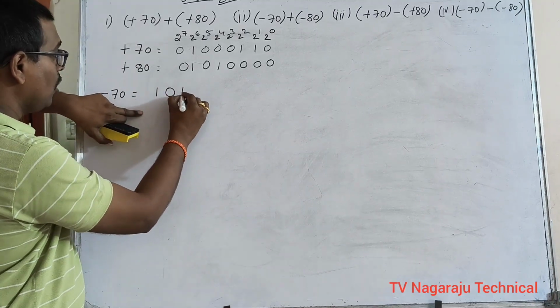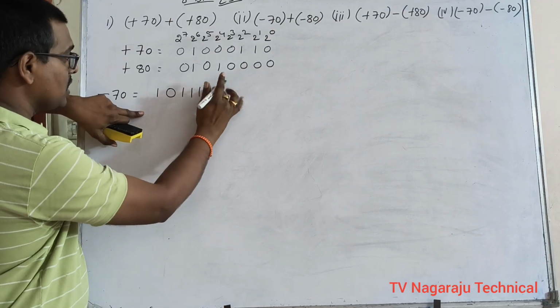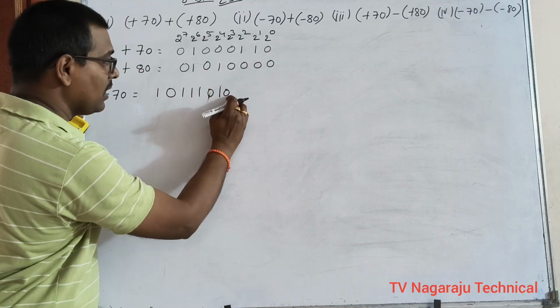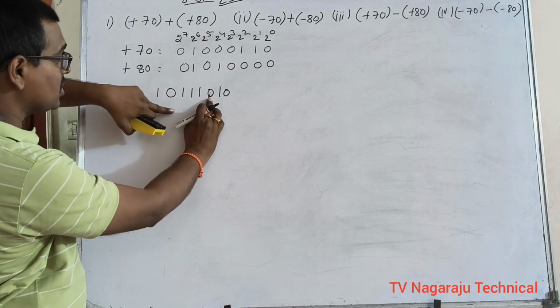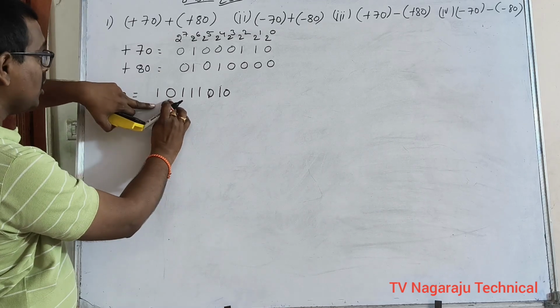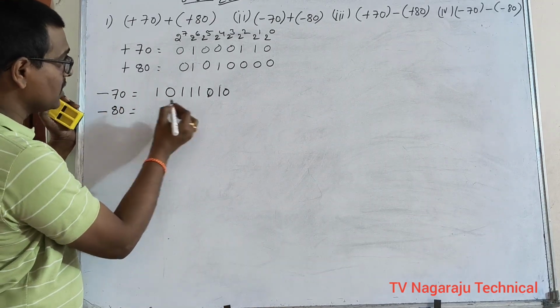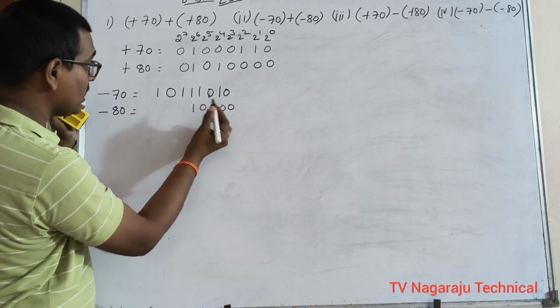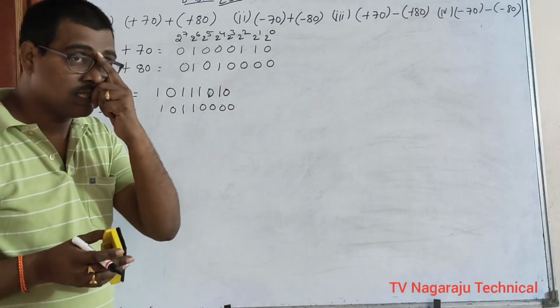We already know: keep all the trailing zeros and the first one, and invert all the remaining bits. Similarly, minus 80 is equal to keeping all the trailing zeros and the first one, and inverting. Okay, my conversion is completed.